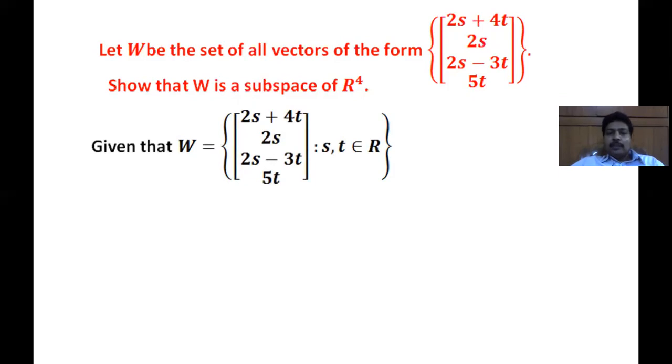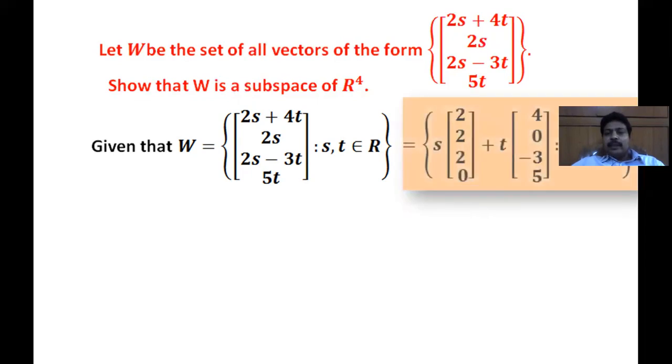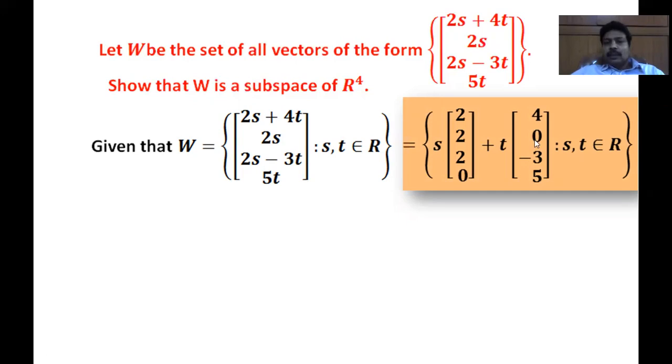So this is the given hypothesis. This can be written as this. Here we have two scalars, 2s plus 4t. So this can be written as s times 2, 2, 2 and 0, with 0 in the last entry. There is no s component here. Similarly, this is t times 4 here, and there is no t term in the second row.